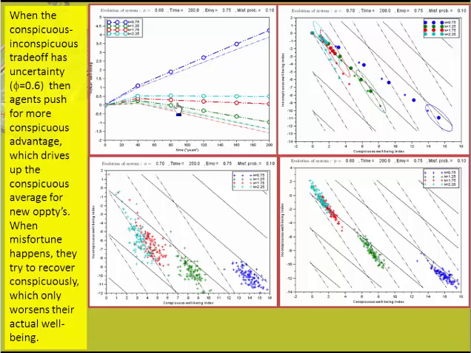The big change occurs in the case where k is 2.25. And what happens here is that because there's uncertainty in the trade-off between conspicuous and inconspicuous, instead of getting the more inconspicuous choices, which eventually lead to better choices all around, people are still crowding towards the choices where it appears in the short term to improve the conspicuous index.